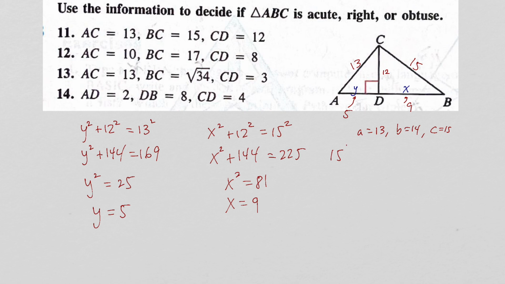So 15 squared, how does that compare to 13 squared plus 14 squared? 225, 169, and let's see what 14 squared is. That's 196. This is 365, 225. So C squared is less than A squared plus B squared. So this is an acute triangle.